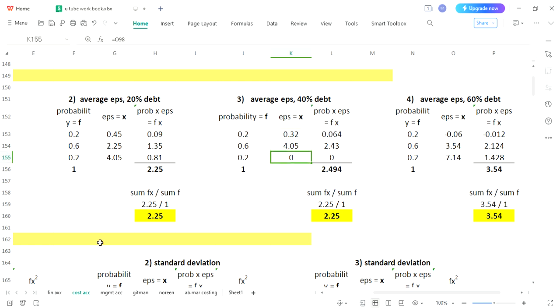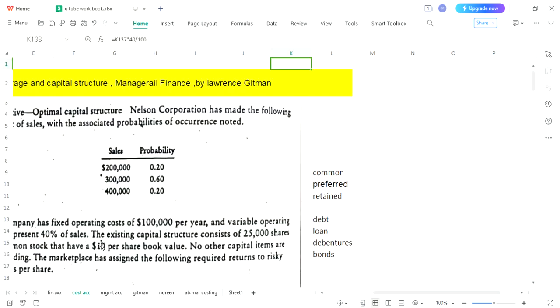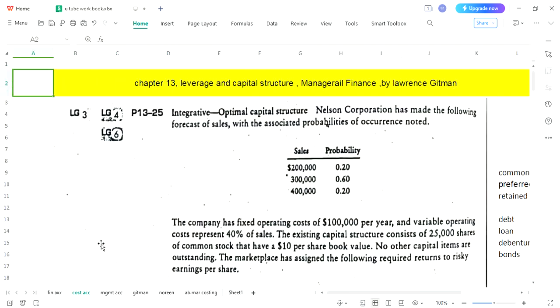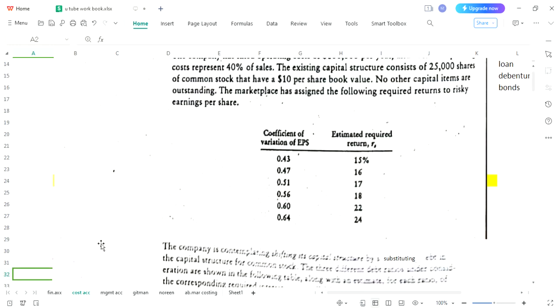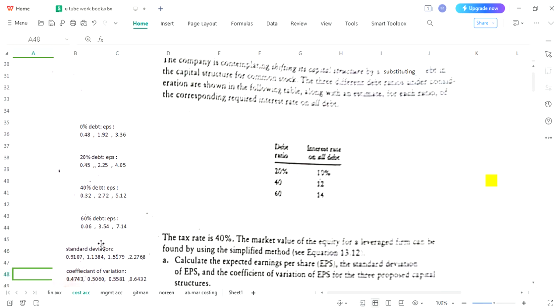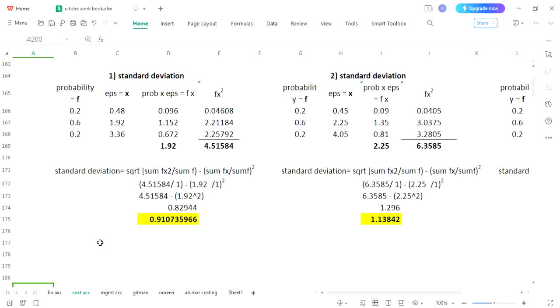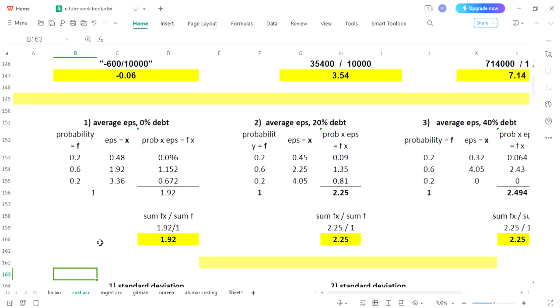And we need to put another EPS, the third part EPS. I don't know how it has vanished, but we need it. For 40% dead, the third part is 5.12. Let's put 5.12 over here.